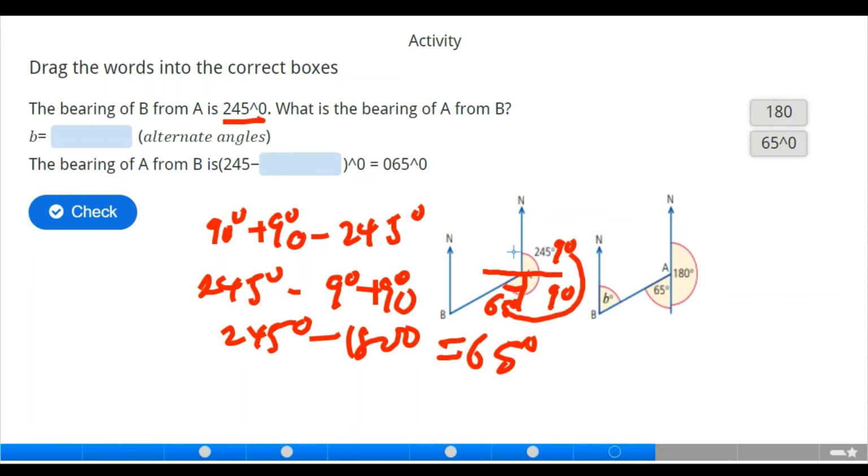That is the bearing of B, reading from A here.